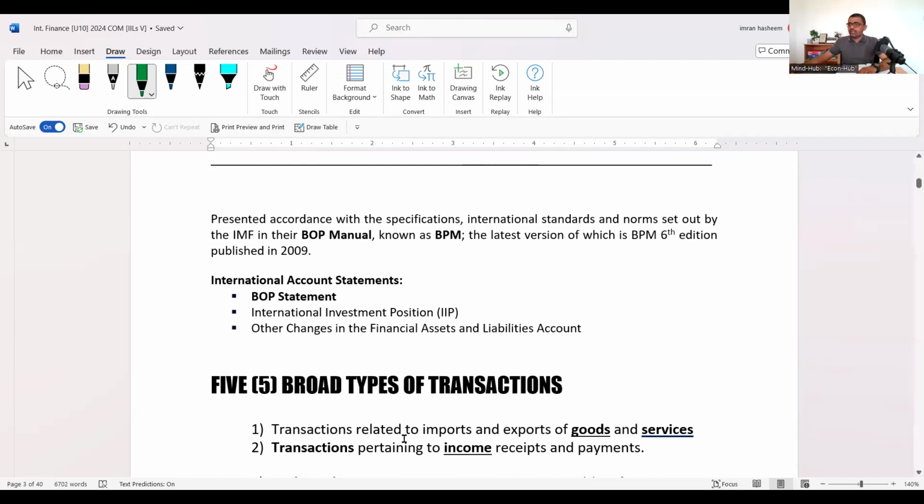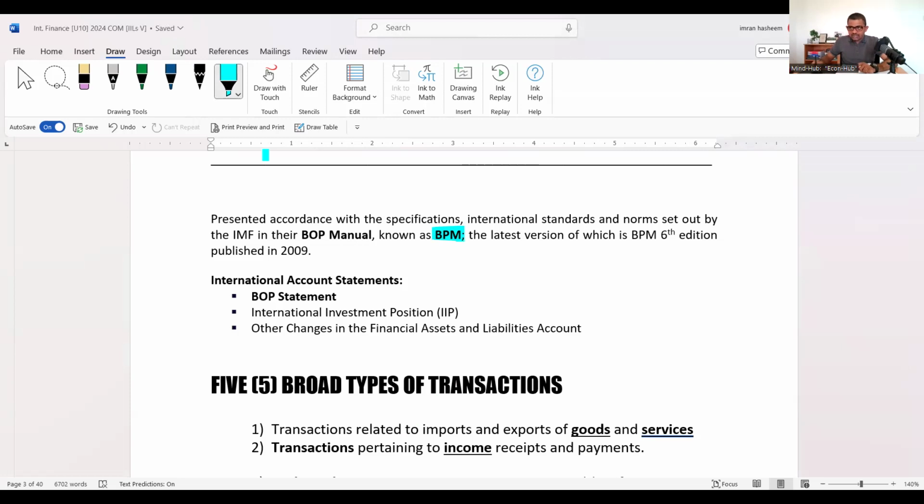One is the balance of payment statement. Concentrate on most of the things I am saying. What did I say? IMF prepares a balance of payment manual.